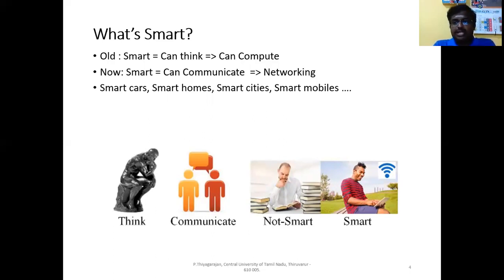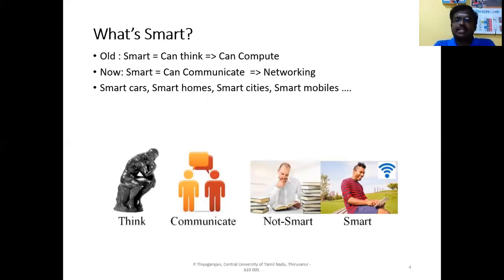Now, how has smart changed? Smart is one which is able to communicate over the network. Whenever a device communicates over the network and can do some computation, then we can call it a smart device.